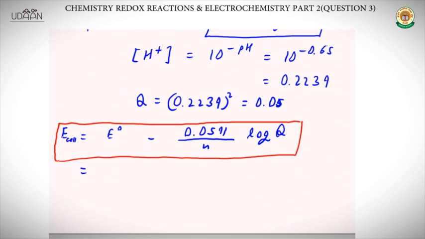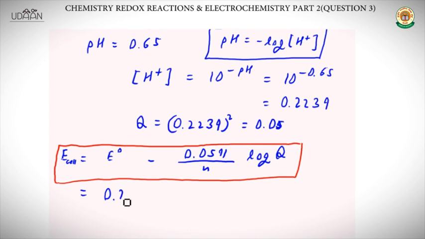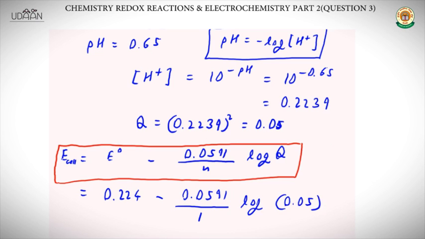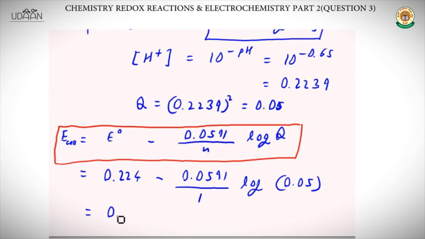So by putting the values, E naught as 0.22 volt minus 0.0591 by n, which is 1, log of Q, and Q here is 0.05, we can calculate this and get the value as 0.299 volt. Just put the values in this equation and check the answer once. It's pretty straightforward using the pH equation and the Nernst equation to arrive at this answer.